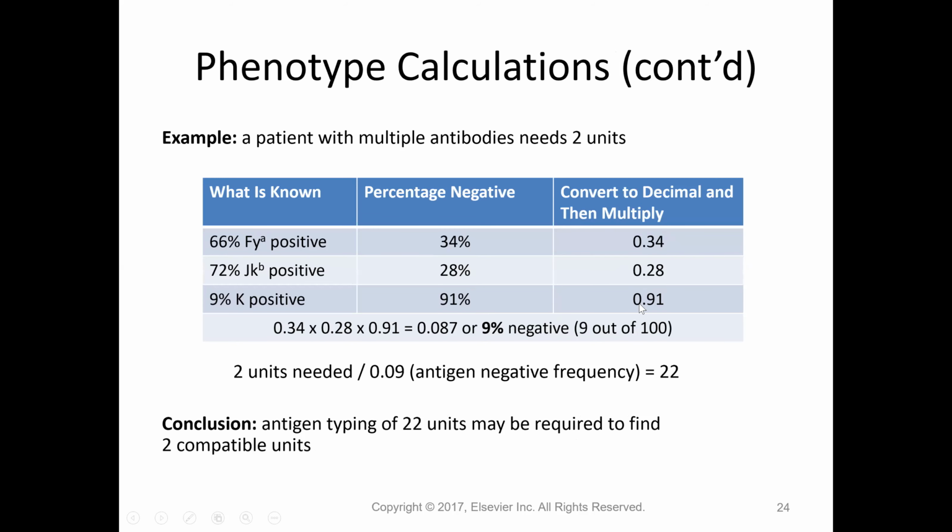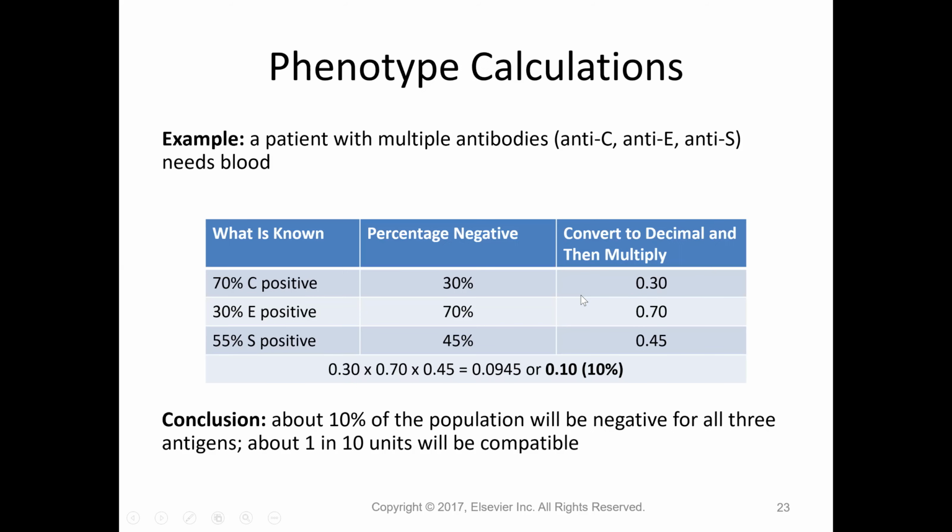Now you take all of these. In this case, there's just 3 of them, so you multiply them times each other. That one's going to be 0.3, 0.7 times 0.45.